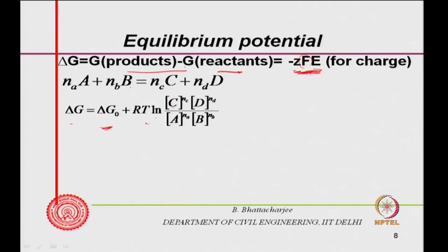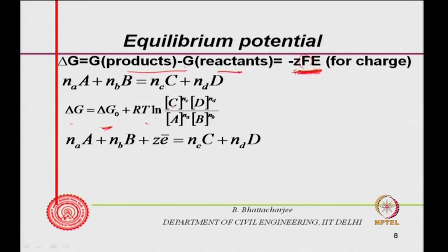This G is associated with 1 mole. So, Z multiplied by F will be the total charge associated with 1 mole, and E is the potential for unit charge, that is, the energy, the work done, for unit charge. So multiplied by the total charge, it can be related to delta G. So when I am dealing with charges it will be ZFE.